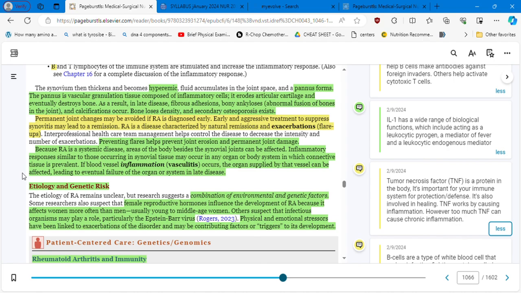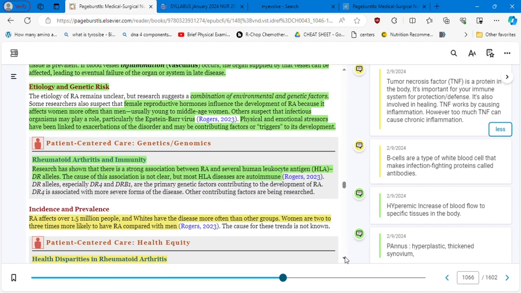In which connective tissue is prevalent. If blood vessel inflammation, vasculitis, occurs, the organ supplied by that vessel can be affected, leading to eventual failure of the organ or systemic failure in late disease. Okay.